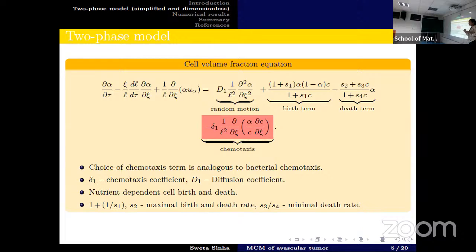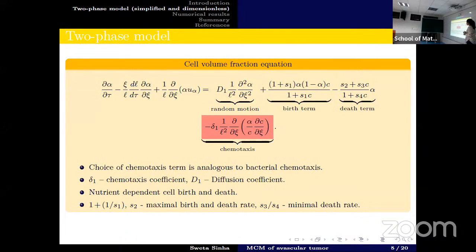If less nutrient is present, the tumor cell may die. And the last term is the chemotaxis term we have accounted for. This shows the directed motion of the tumor cells in the direction of the gradient of nutrients. The choice of chemotaxis was made analogous to bacterial chemotaxis.